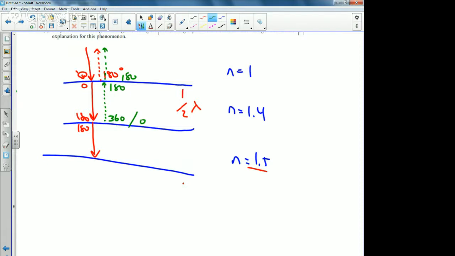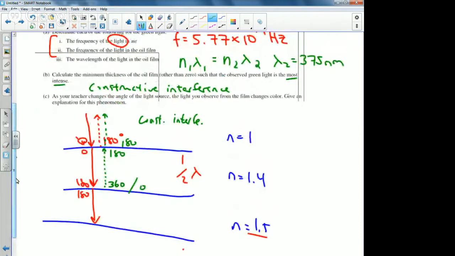In this case, you have constructive interference. So in this case over here, the answer is half a wavelength because that worked. So it equals half a lambda.